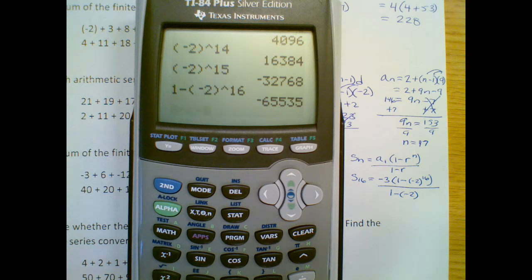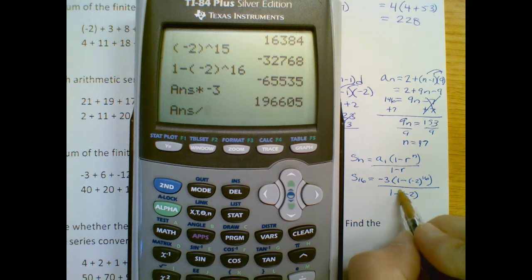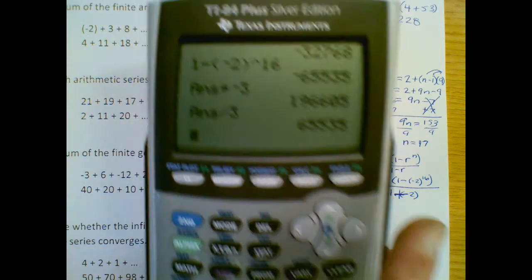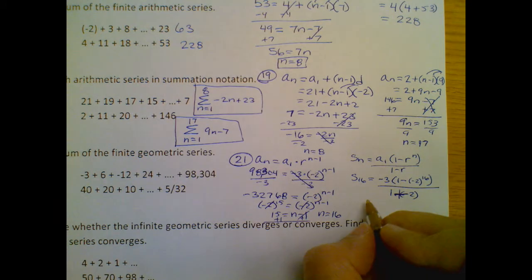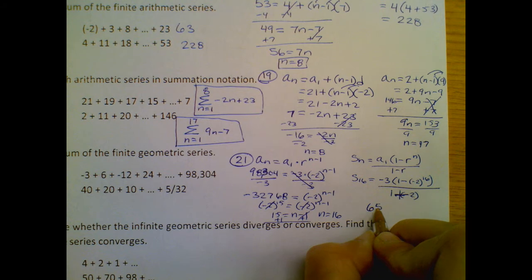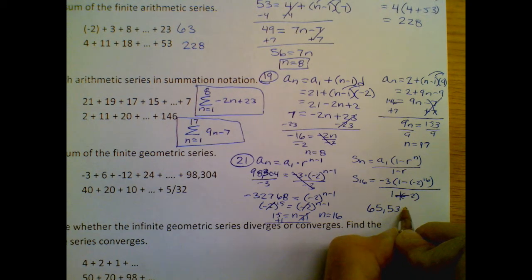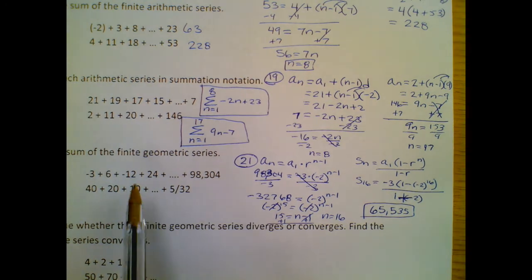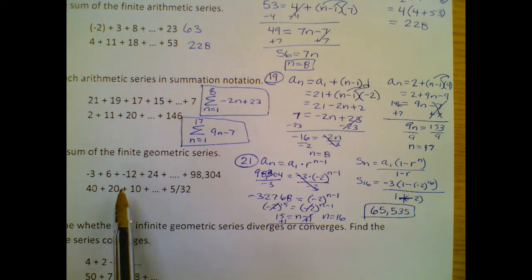And then I'm going to take that times negative 3. And then I'm going to divide by, these would cancel out to be positive, so 1 plus 2 is 3, so divide by 3. And then that is going to give me my sum. So 65,535 would be my total, which would make sense just because it's going positive, negative, positive, negative.